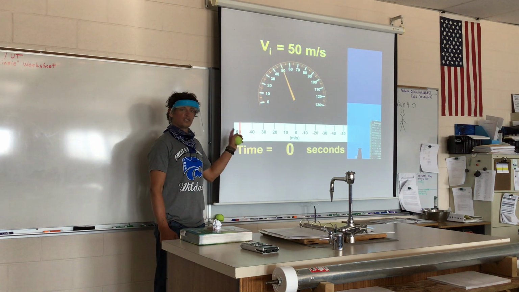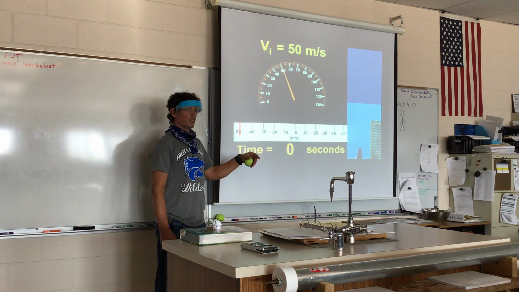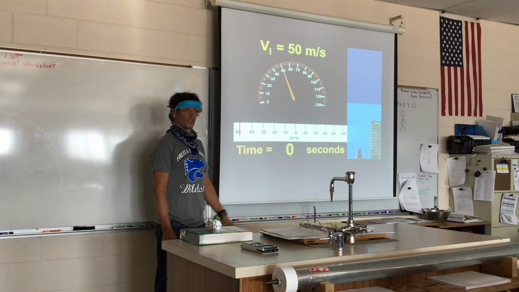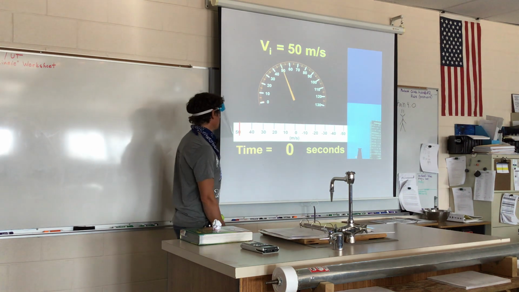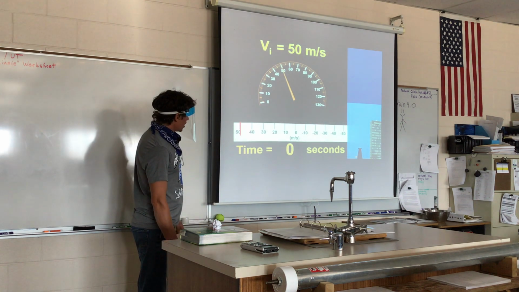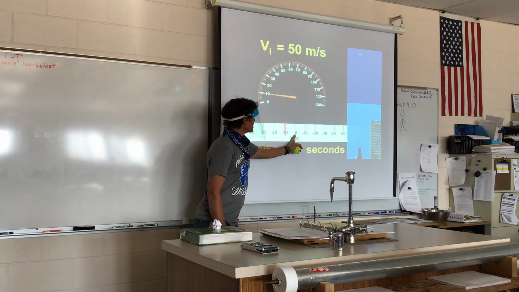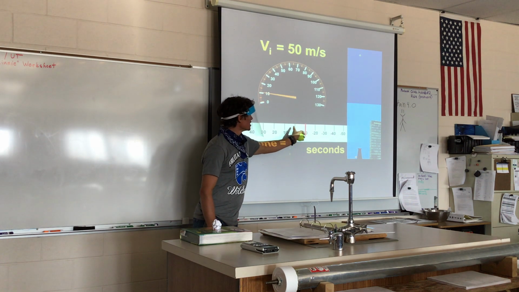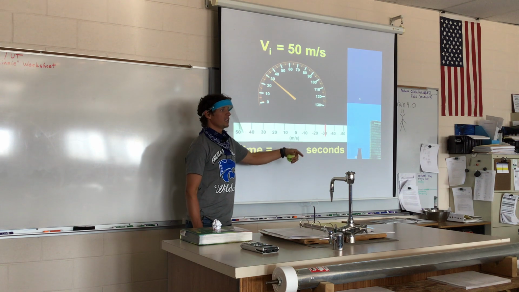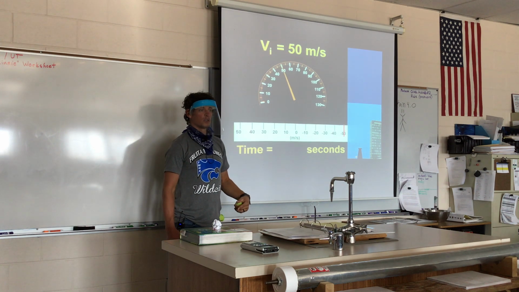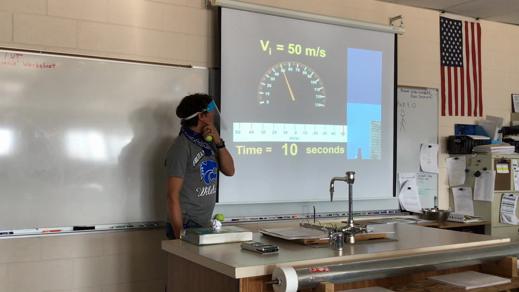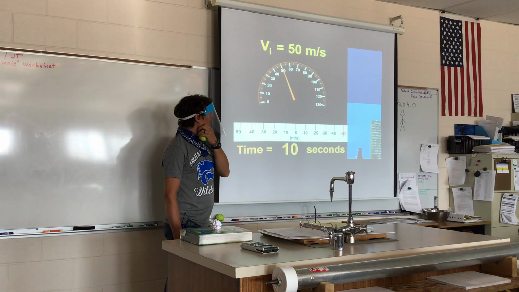So we would call this instrument a velocirometer. Not really a real word, but it's fun to say. So on the way up, notice its speed is going down to 0, and now it is speeding up in the negative direction.